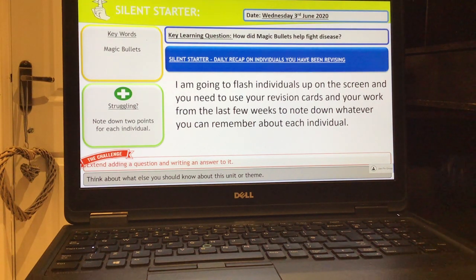The key learning question is just on there if you want to write it down, and the dates there. I'm going to flash up individuals on the screen. When I flash it up, pause it and give yourself 30 seconds to go through each individual and jot down what you can remember.